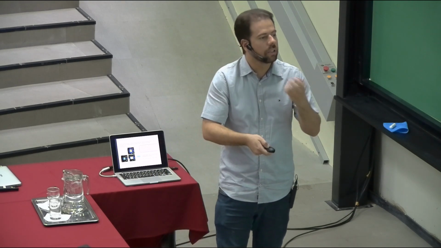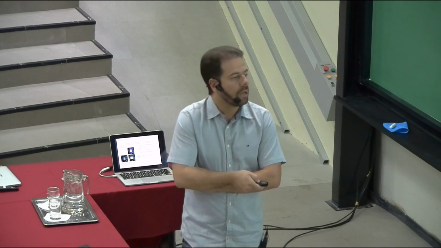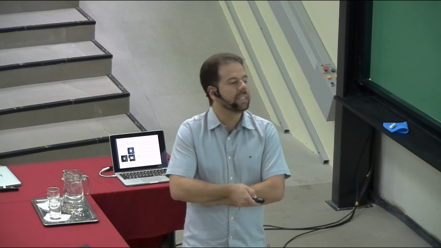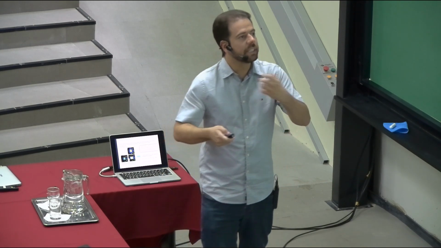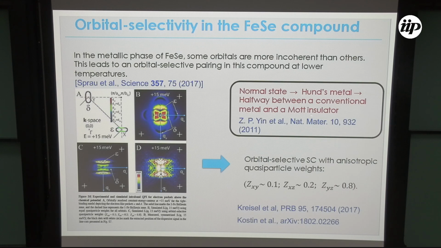And as you see here, the quasiparticle weights are anisotropically suppressed depending on the orbital. So this is Z_xy, approximately 0.1. This is Z_xz, 0.2. And this is Z_yz, 0.8. And this is a signature of so-called Hund's metallicity, which is a new state halfway between a conventional metal and a Mott insulator. And we want to try to obtain this result from a model calculation.